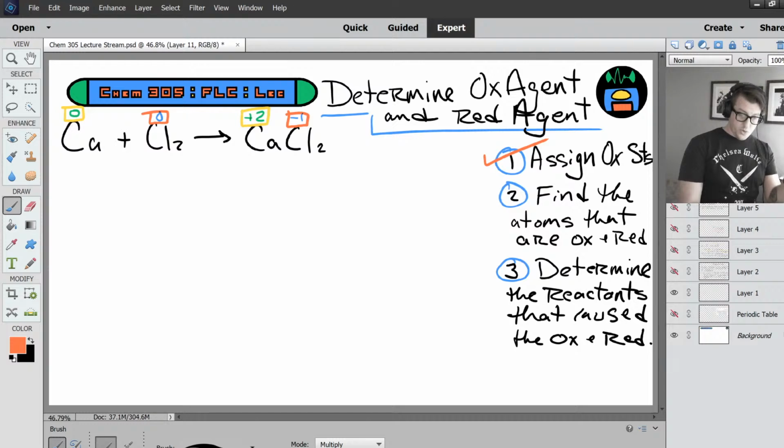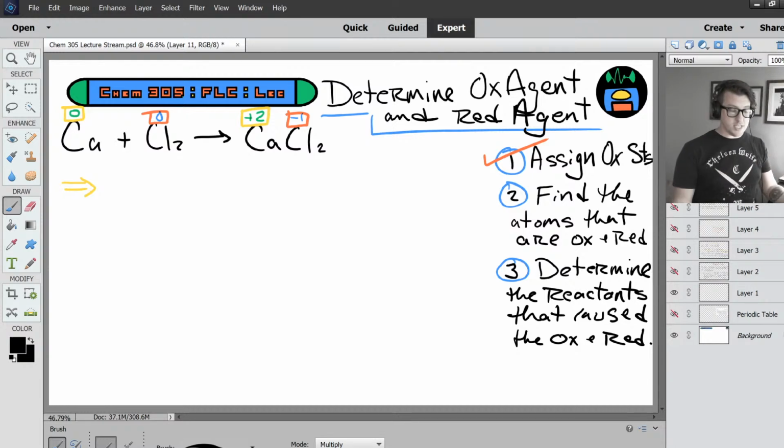Okay, so we've identified where we are experiencing changes in oxidation states, and now we have to determine what is being oxidized and what is being reduced. All right, so first let's look at calcium. Calcium goes from 0 to positive 2, right? Its oxidation state is getting positive.